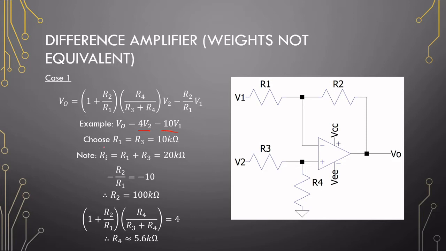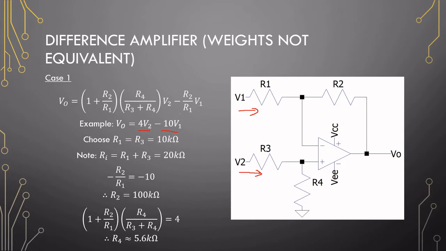So let's begin with choosing resistor 1 and 3. Resistor 1 and 3 is the input resistors. So typically you want the input resistors to be the same value. So we choose them to be the same, and the input impedance of a difference amp is the sum of these two resistors. So the differential input here is 20 kilo ohms if we choose 10Ks.